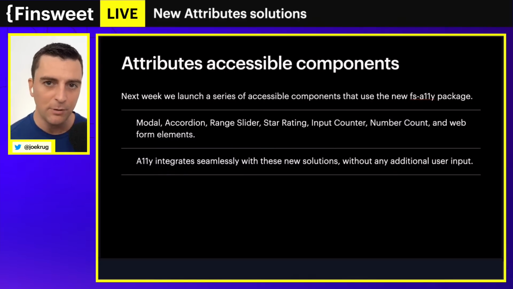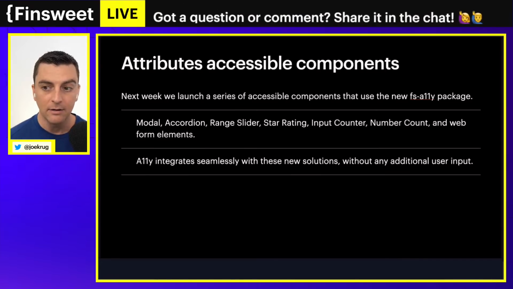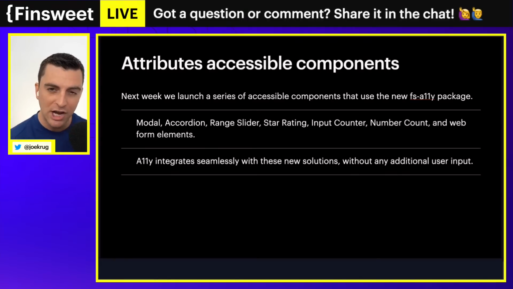So let's talk about these. Next week, we will be launching accessible components. And this series of accessible components uses the new FS Alley package. We'll launch modal, accordion, range slider, star rating, input counter, number counter, and web form elements. And all of them are sharing from this beautiful Alley package.